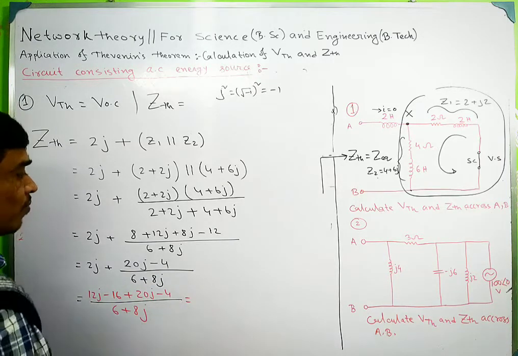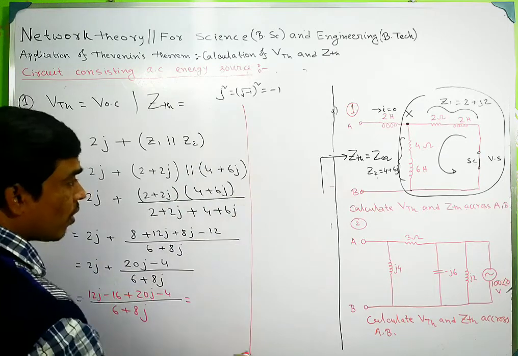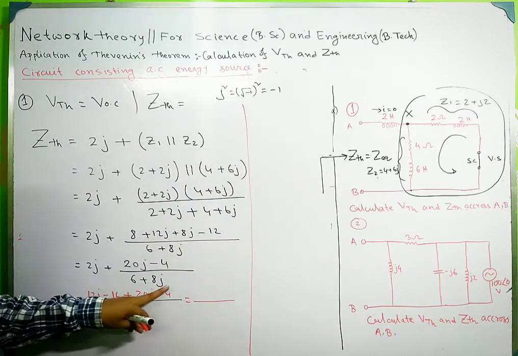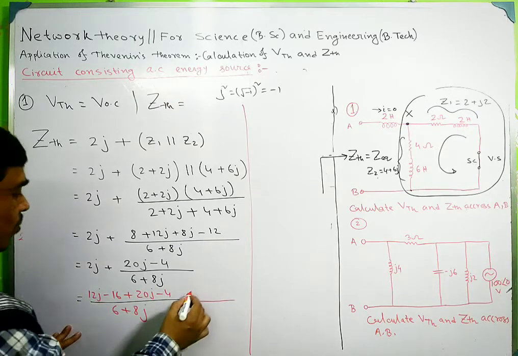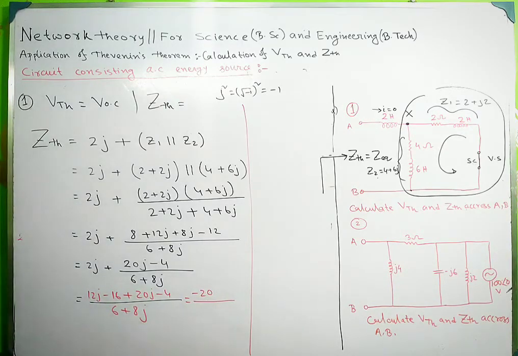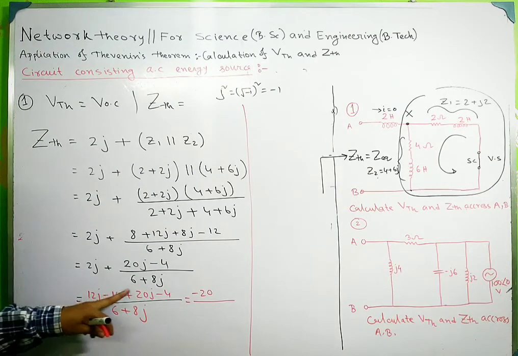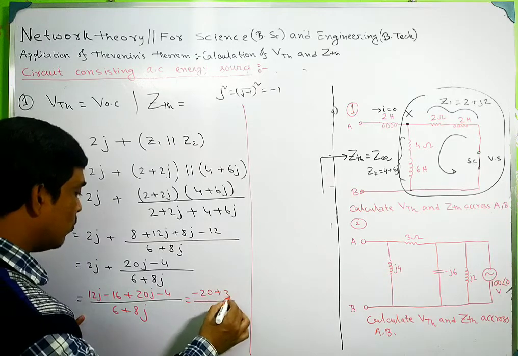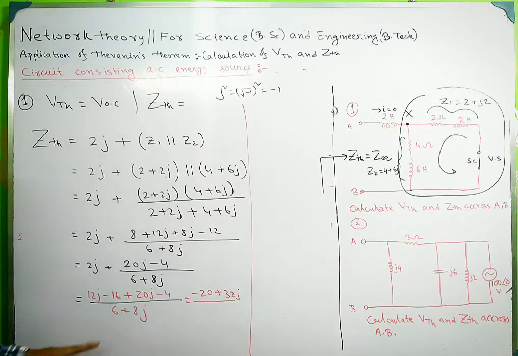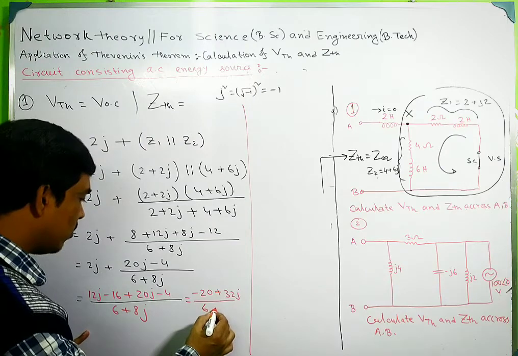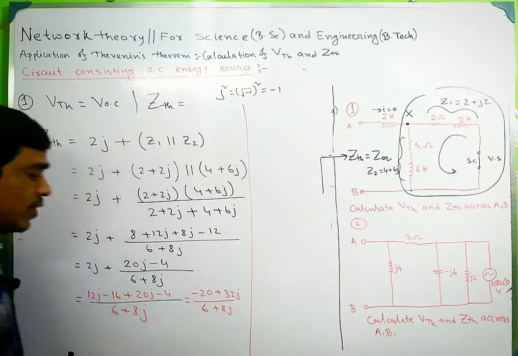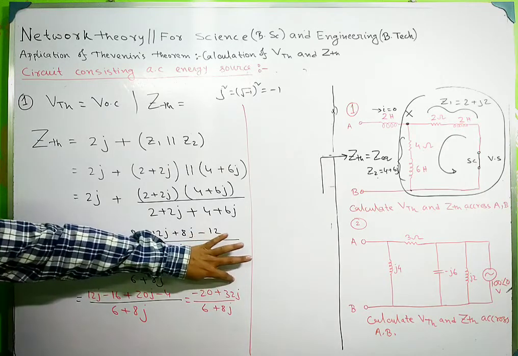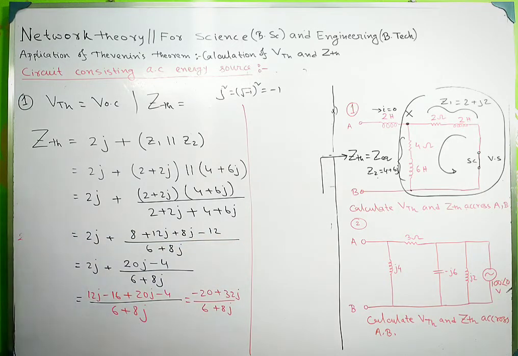So it will be minus 16 and minus 4, which is minus 20, and 12J plus 20J, which is 32J, over 6 plus 8J. This is the form: minus 20 plus 32J over 6 plus 8J.